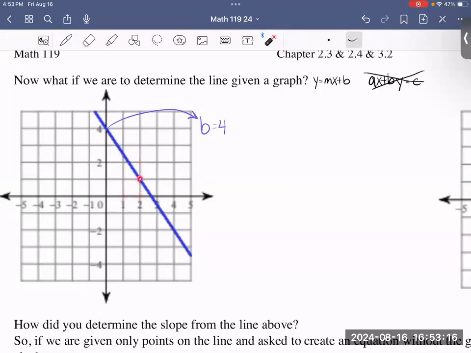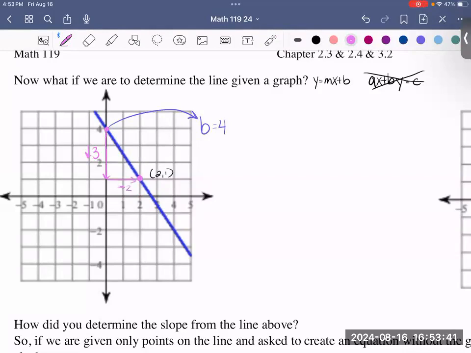So you'll notice that the next one here should be at 2, 1. Now we don't need that point. What we do need is how to get from one point to another. Well, we go down by how many? 1, 2, 3. So we went down 3 and over 2.